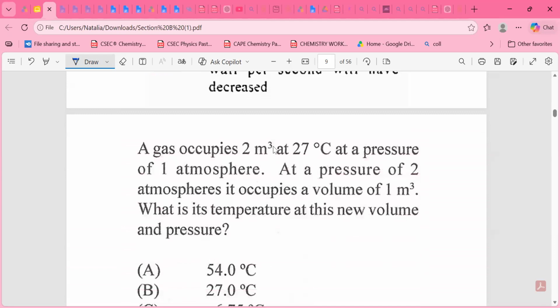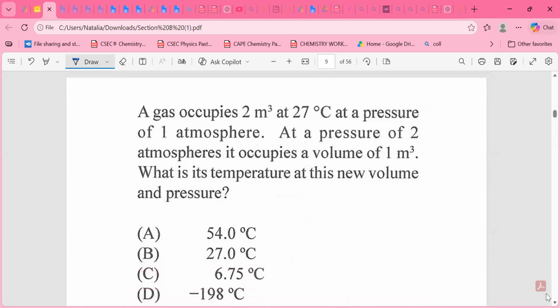A gas occupies a volume of 2 meters cubed at 27 degrees Celsius at a pressure of 1 atmosphere. At a pressure of 2 atmospheres, it occupies a volume of 1 meter cubed. What is the temperature of this new volume and pressure? That would be which law? Combined gas laws.